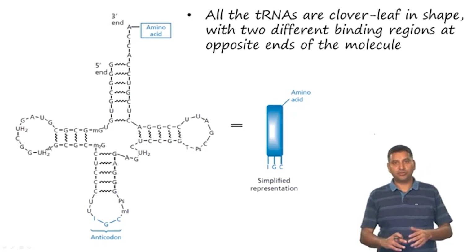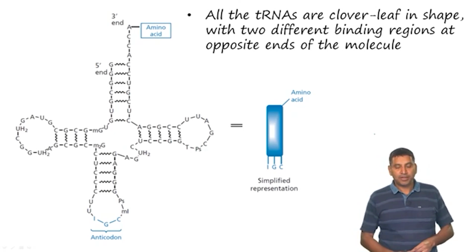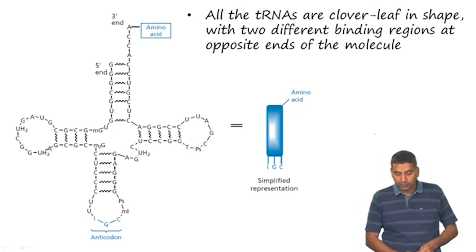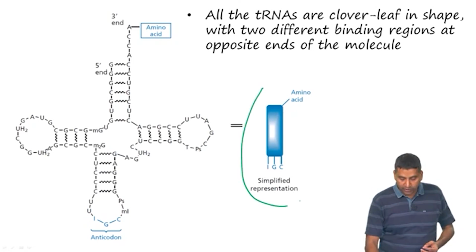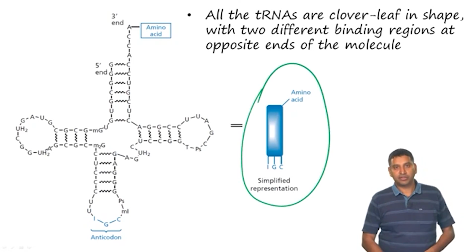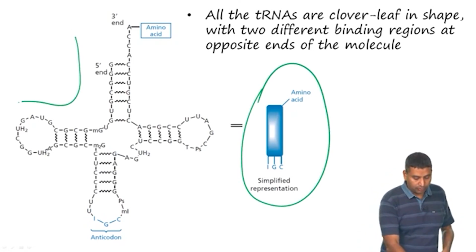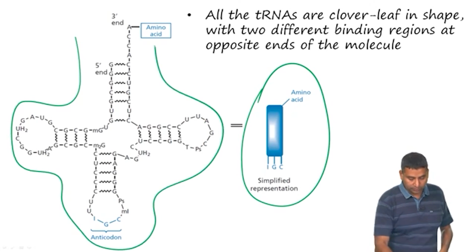Now, let us look at the structure of the tRNA, and here is the clover leaf type molecule, and in this there are two different binding regions at opposite ends of the molecule. This is the simplified version that we saw in the previous slide, but the actual shape of the molecule is somewhat like this.